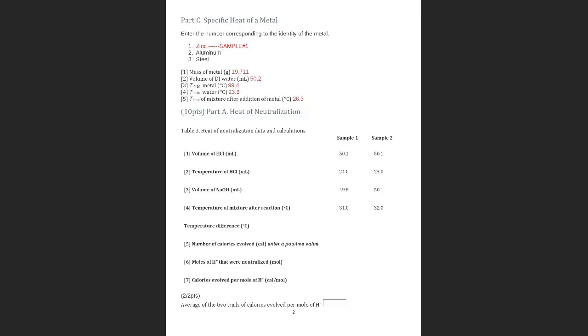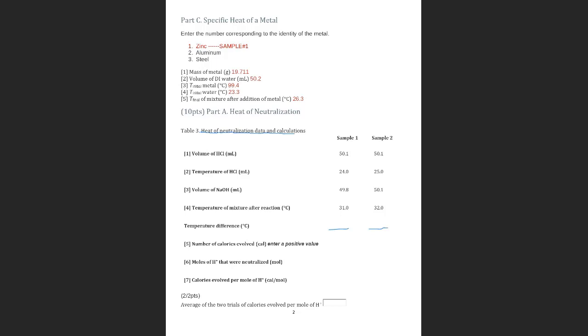Okay, so now is where it starts, the part that you have to complete. So the first thing is here. This is the first part, A, the heat of neutralization. So what are you going to add in temperature difference?